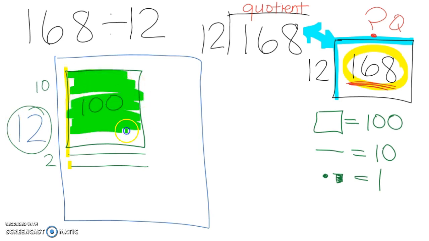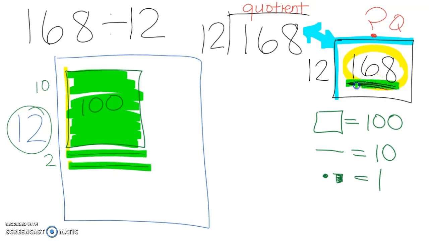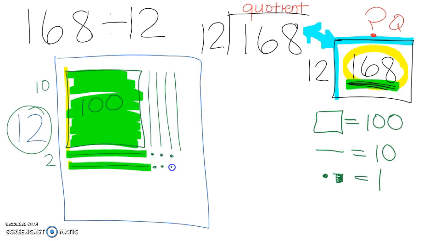We have 100, 110, 120, but we need to have 168. So let's keep counting. We have 120, 130, 140, 150, 160, and then 1, 2, 3, 4, 5, 6, 7, 8.